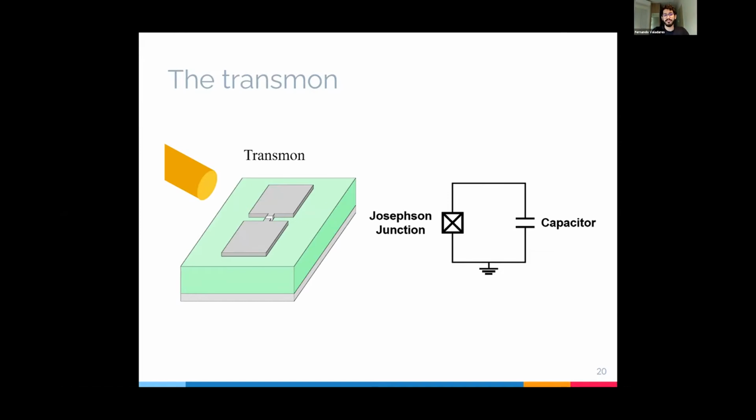The electron can still flow, the current can still flow between these two pads, but it's way harder now. And the rate at which it flows depends on the strength of the current. So it's a nonlinear element. So the equivalent circuit will be just by replacing the inductance with a Josephson junction, which is in parallel with the capacitance here.